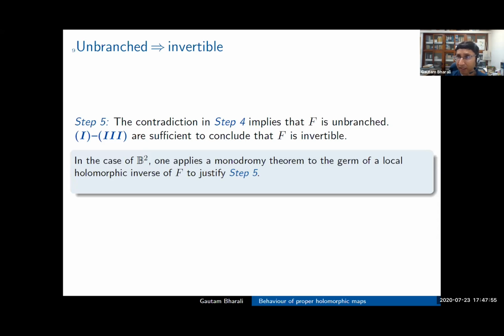But the blanket hypotheses that I took some time to describe are actually enough to establish that, in fact, if you have that contradiction in step 4, which means that f is unbranched, then f is invertible. Now, in the case of B2, this is actually not very hard to show.